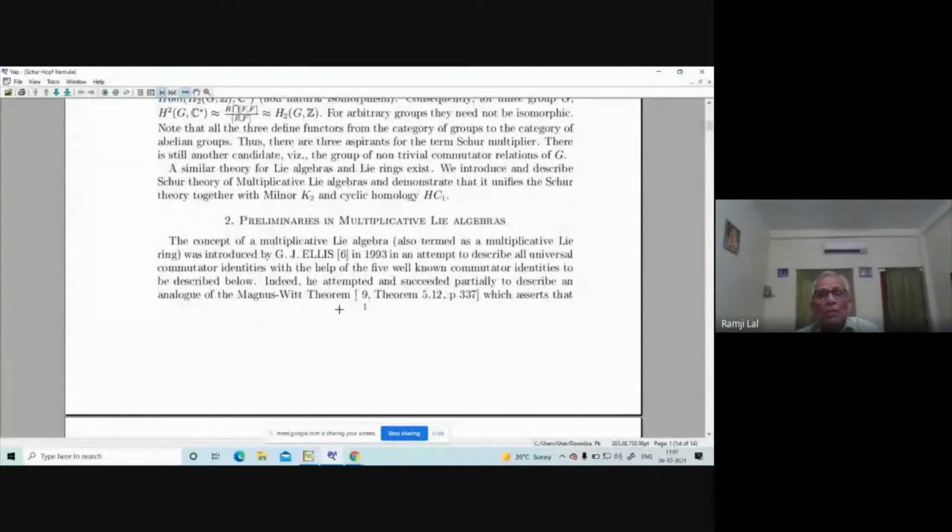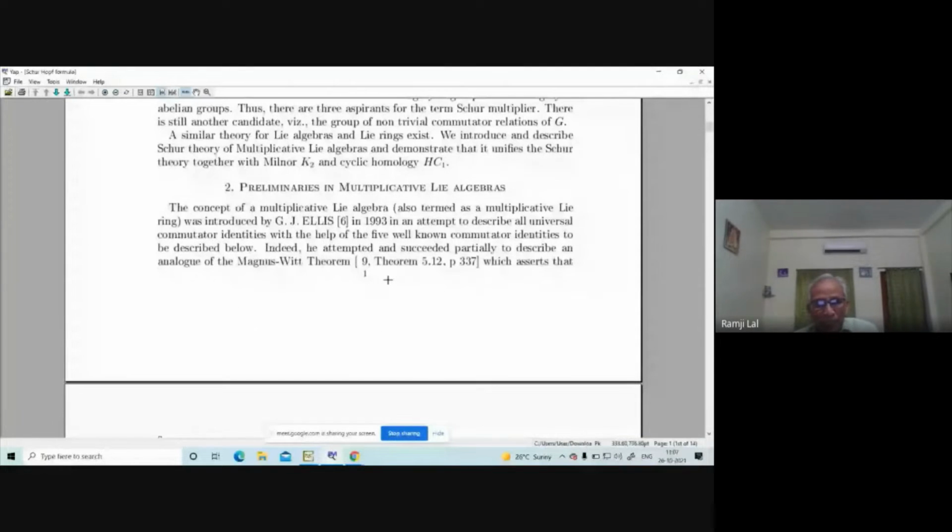The Magnus-Witt theorem says that if you take a free group and look at its lower central series and central series quotients, the central series quotients form a Lie algebra.